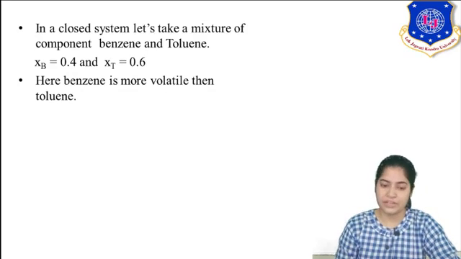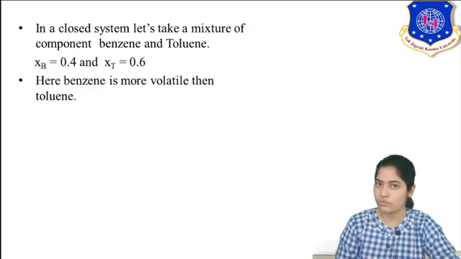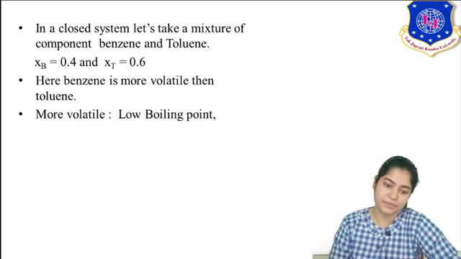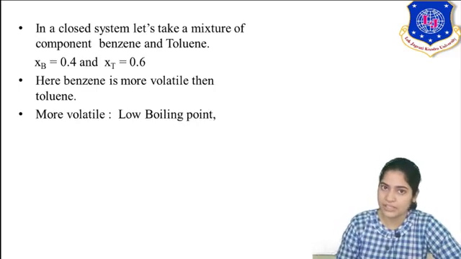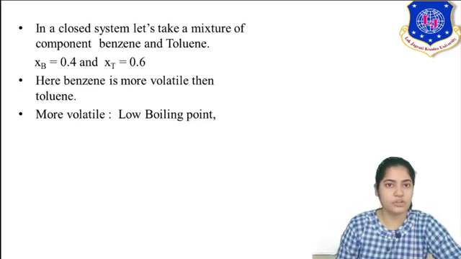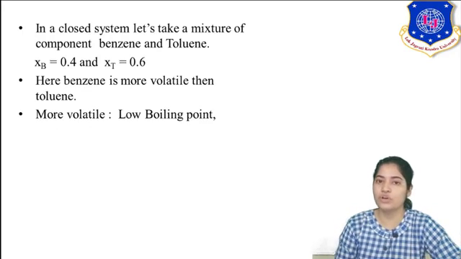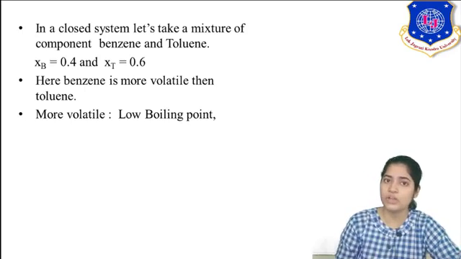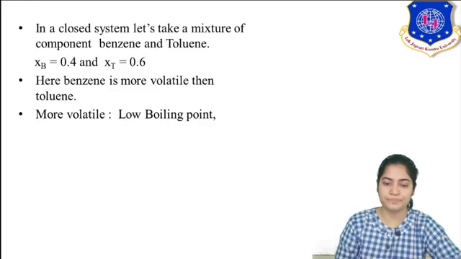It is given that benzene is more volatile than toluene. Now what is the meaning of more volatile? More volatile means it has a low boiling point. The boiling point of benzene is about 80 degrees Celsius and that of toluene is 111 degrees Celsius. So you can see that benzene boils faster than toluene.